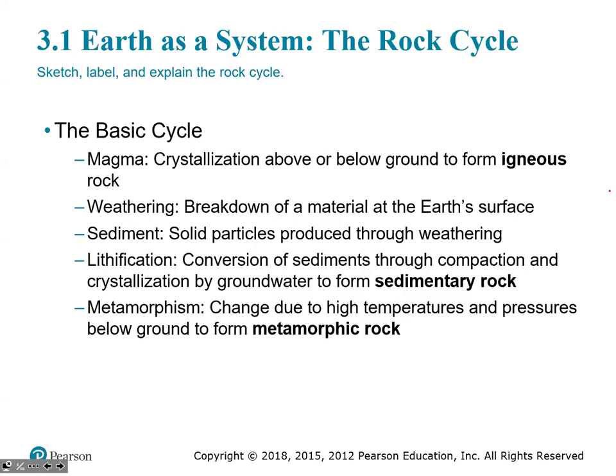Magma will crystallize either above or below ground to form igneous rock. Igneous rock can be separated into two big categories: stuff that formed above ground and stuff that formed below ground. And they're quite distinct, because the stuff that formed above ground cooled off very quickly, while the stuff that formed below ground cooled off very slowly.